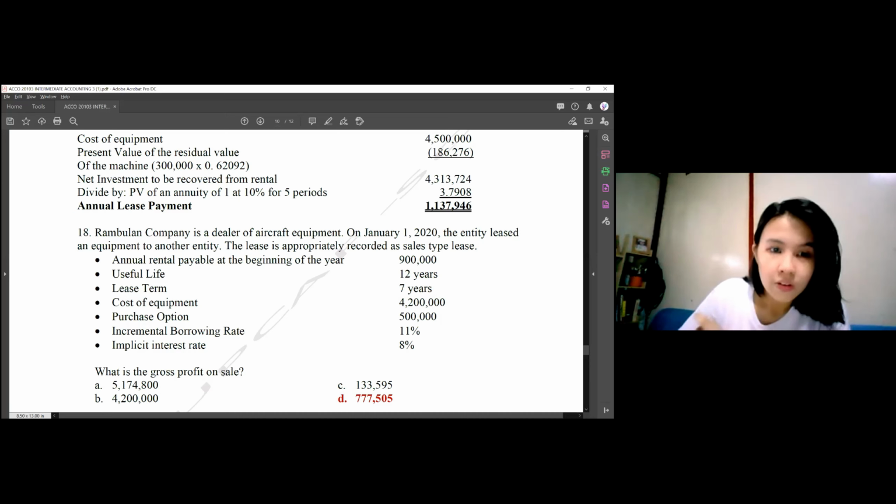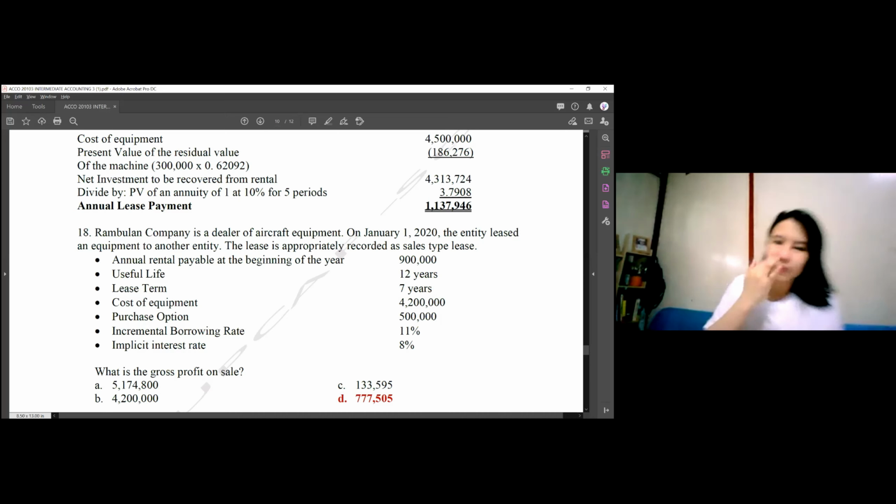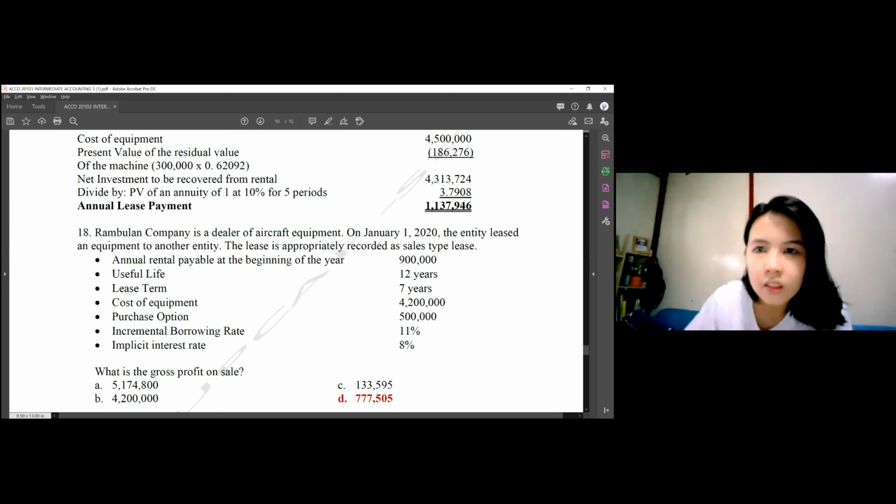Okay. First, we get the present value of gross rentals. Kuhanin natin yung present value ng annuity of 1 at 10%, for 5 periods. Okay, wait up. I think there's something wrong with this problem. Wait lang.